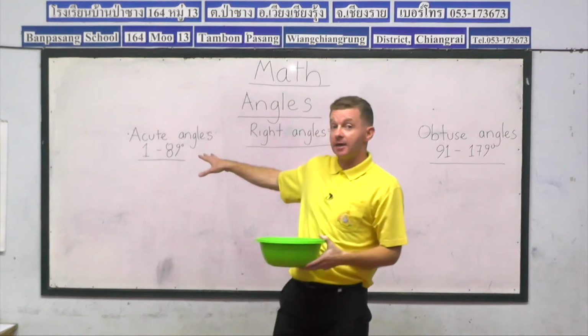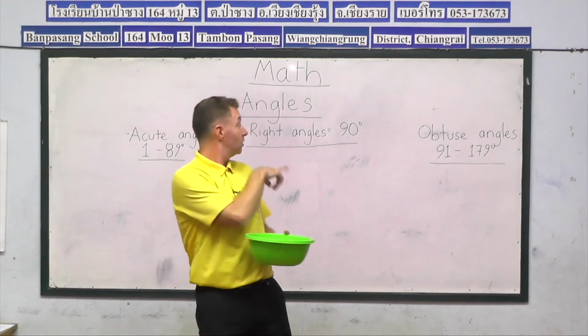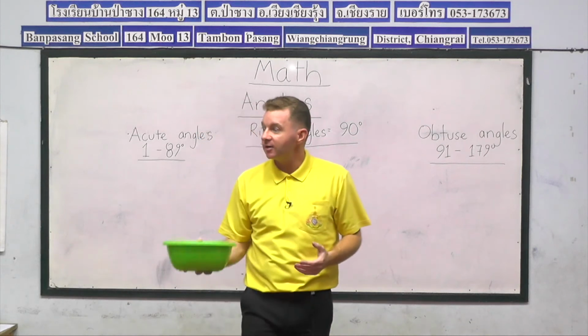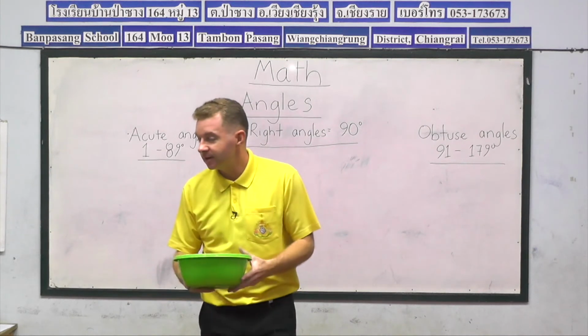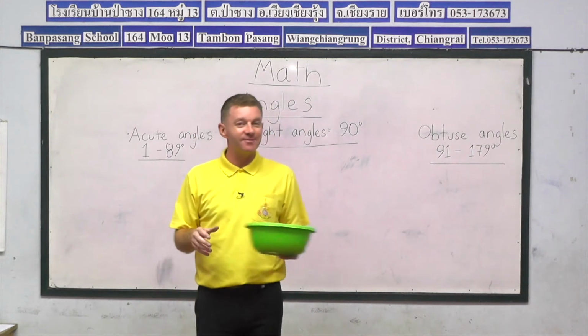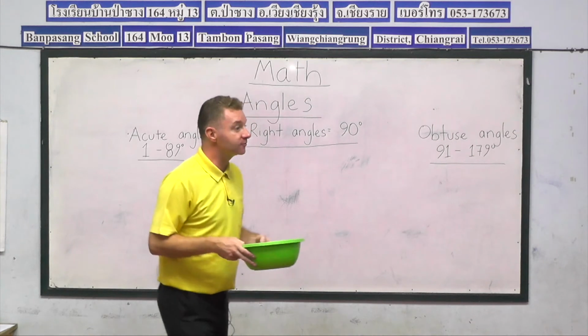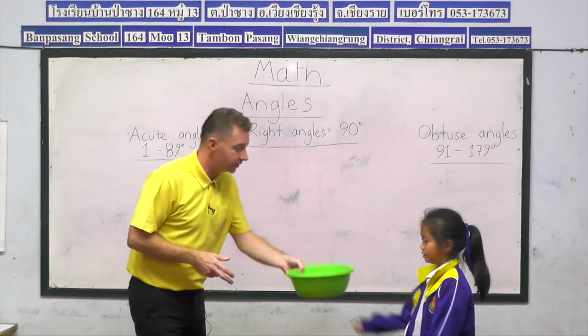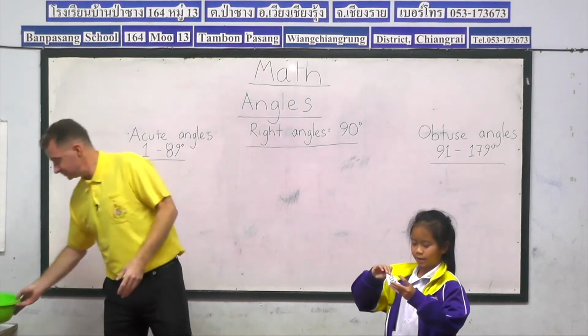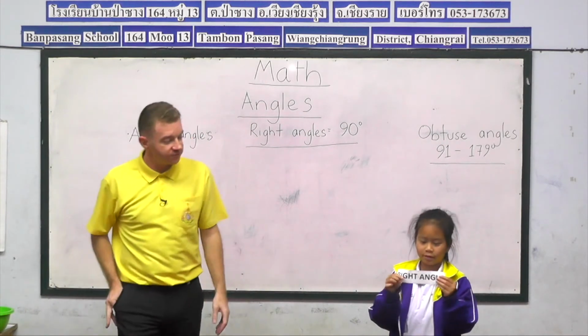Either acute angle, right angle, or obtuse angles. So let's see who can go first on the flashcard exercise. I know, Prau, come and join me at the front of class, please. Okay, so Prau gets first pick today. Can you choose a flashcard and show it to your friends, please? What type of angle, guys?